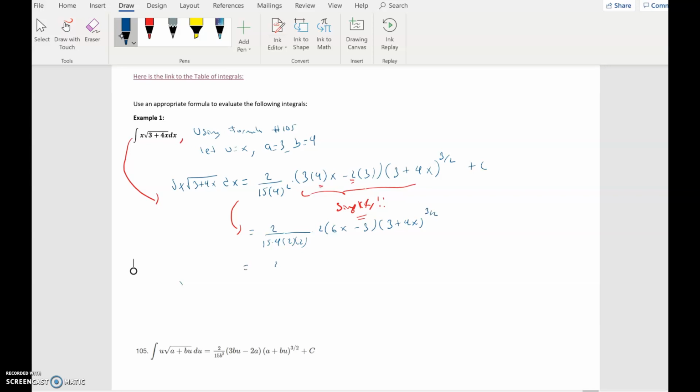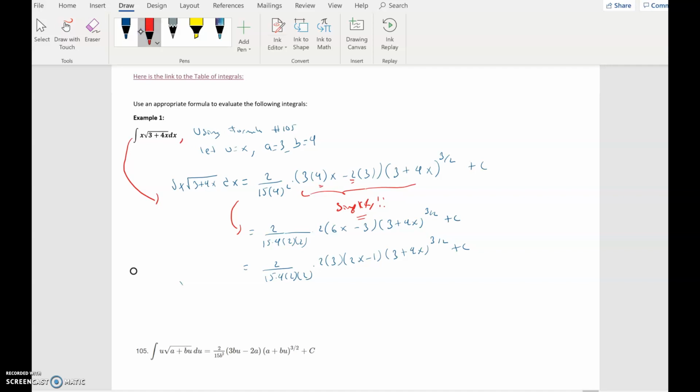So this is 2 over 15 times 4 times 2 times 2, and we're going to factor a 3. So we're going to end up with a 3x minus 1, 2x, times 3 plus 4x to the 3 halves plus the constant c.